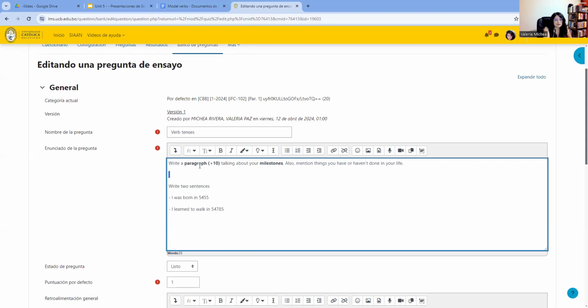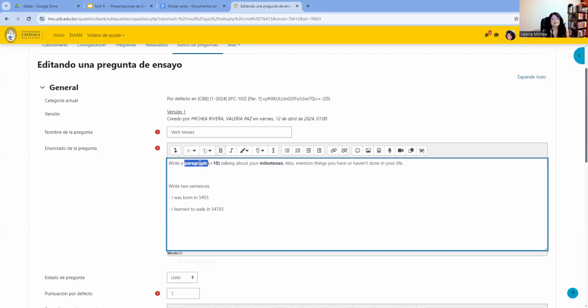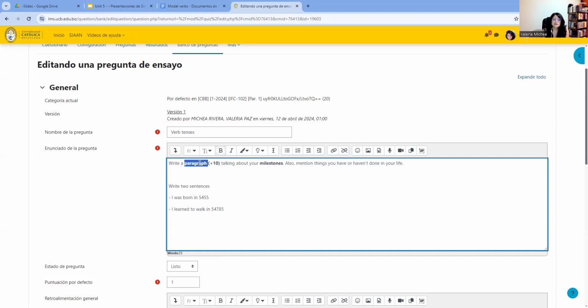I said a paragraph, and a paragraph is supposed to have sentences, connectors, verbs, everything together. Like when we read a text, we have a whole blog in a paragraph. So when I noticed that, I wrote a comment and I said, well, this is not what I was expecting, but I still gave you some points for trying, but next exam, it's not going to be like that. So that's why I'm telling you now, so we can make sure that we are going to make a bigger effort to write.